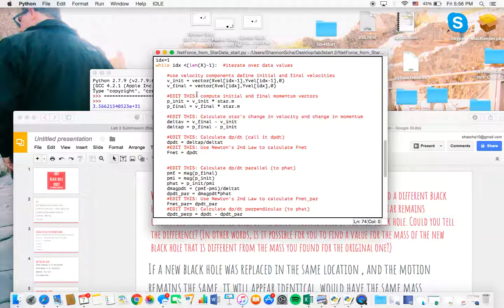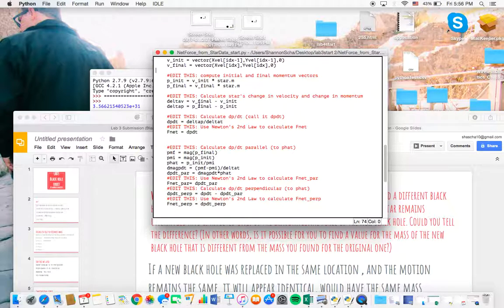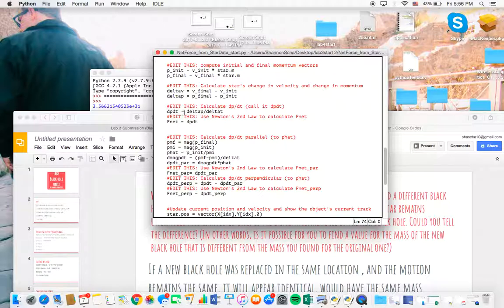With these velocities, we get the initial momentum, using the star's mass, and the final momentum. Delta v is the final velocity minus the initial velocity, and delta p is p final minus p initial. dp/dt equals the change in momentum over the change in time, and this is accurate when the change in time is very small.